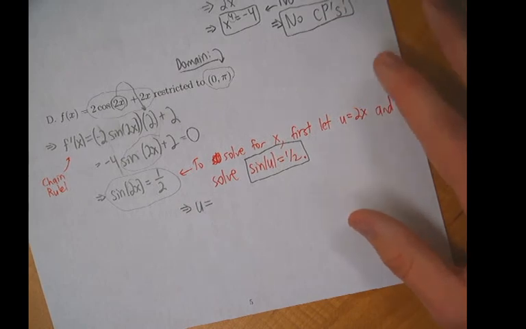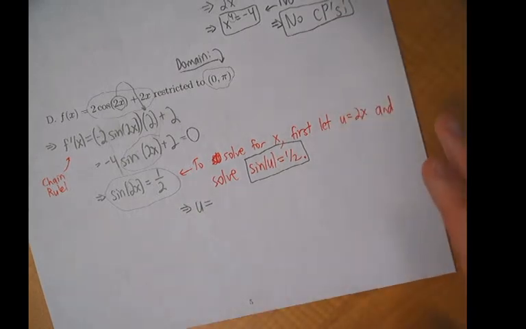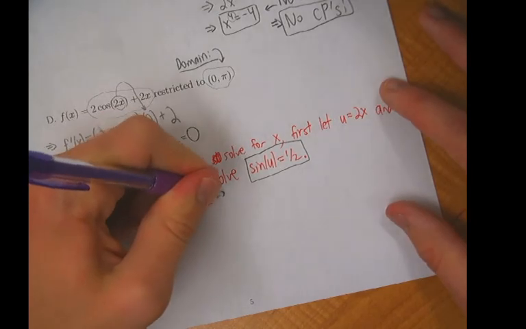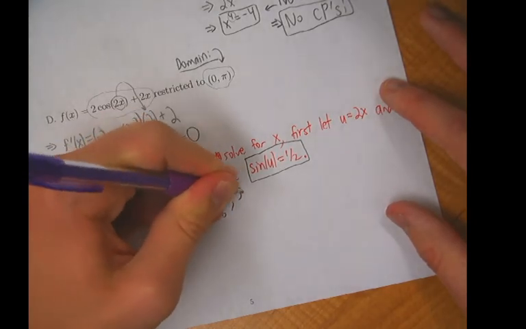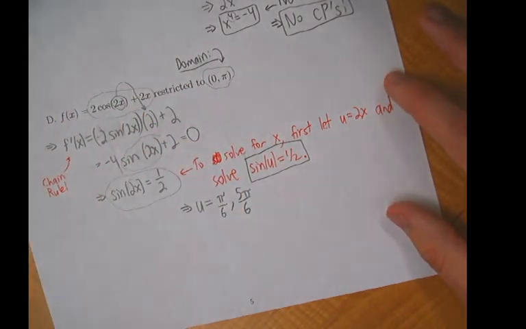So now at this point, let's just focus on the entire unit circle, not focusing on any particular quadrant. What can u equal here? So you're going back to our unit circle. Is it pi over 6 and 5 pi over 6? Yep, pi over 6 and 5 pi over 6. Okay.